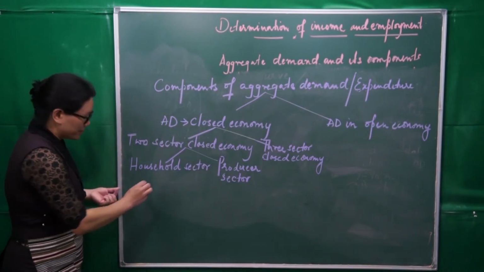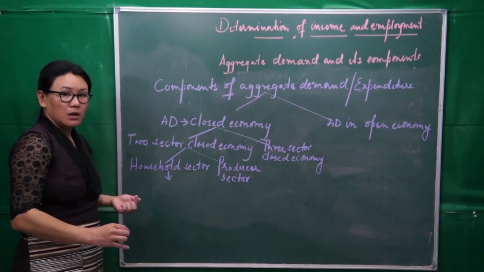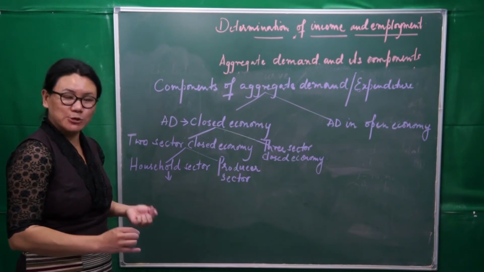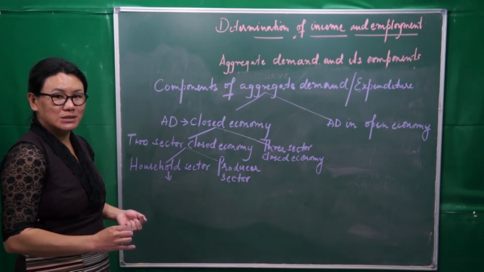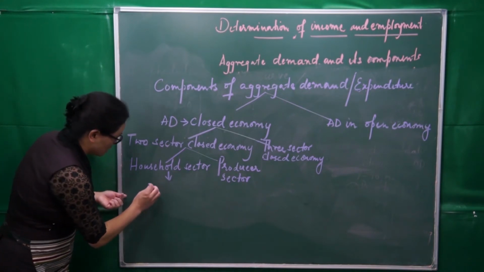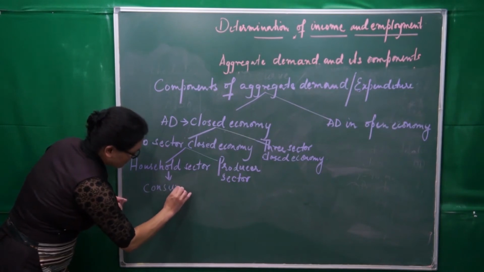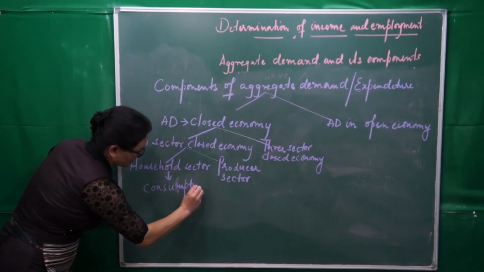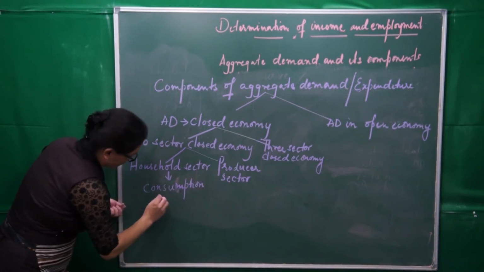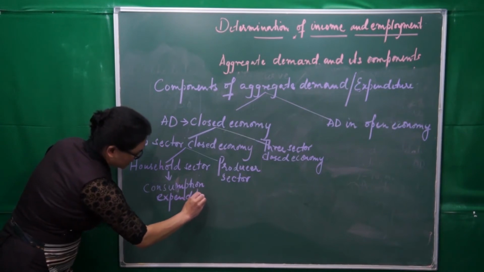Now see here, household sector makes expenditure. Okay, we call this expenditure as consumption expenditure.